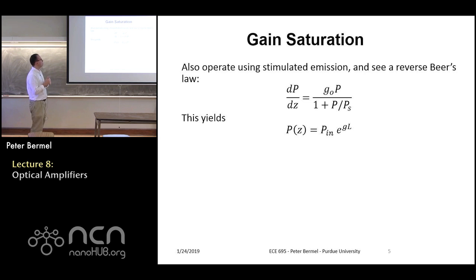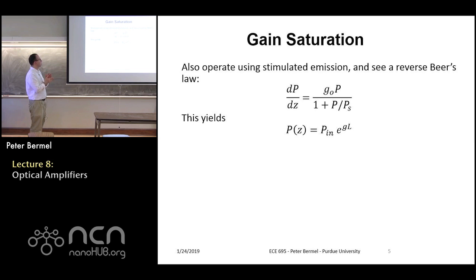If your power is on the order of or greater than P sub s, then you're very likely to see a degradation in the amount of gain. It's not necessarily flipping sign, but it could be reduced by a factor of 2, factor of 4, or more, depending on how close you are, P over P_s.